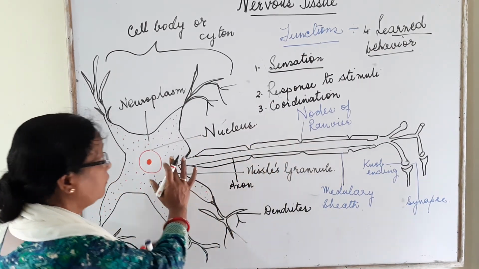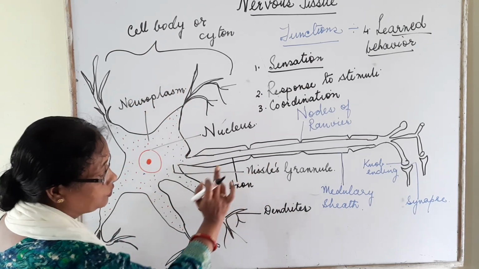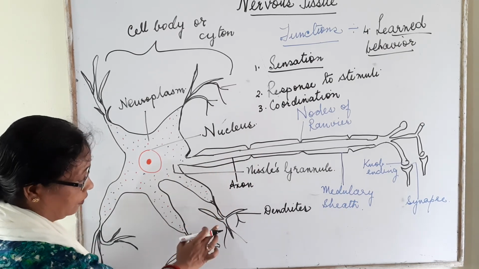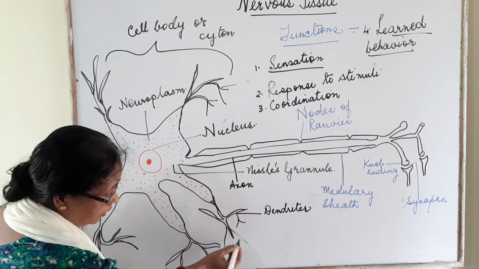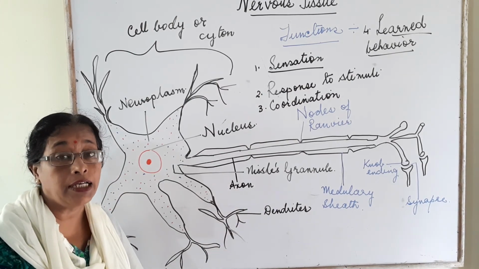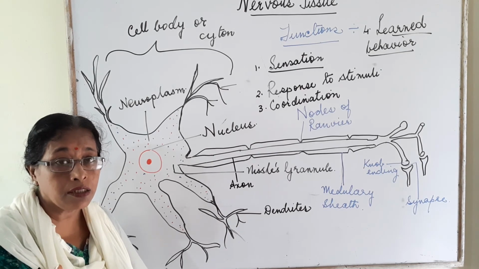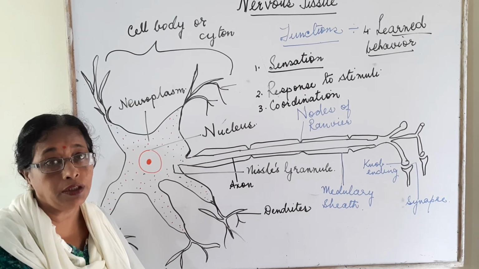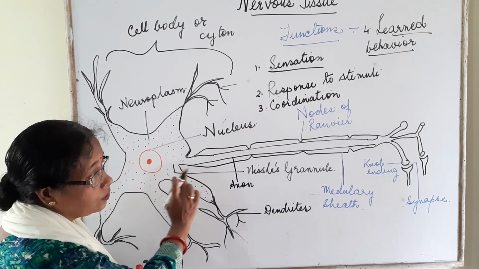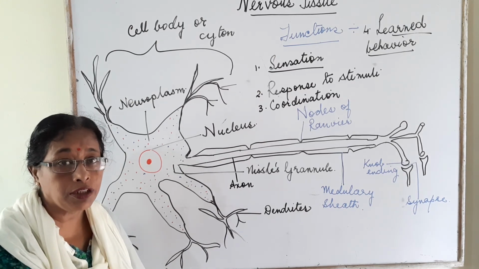It comprises the cyton, that is the cell body, a stem-like structure which is known as axon, and the branch-like structures which are known as dendrites. The dendrites collect the impulses and the stimuli from the surrounding areas and send them towards the cyton. From the cyton it goes towards the axon and then it reaches the effector organ.